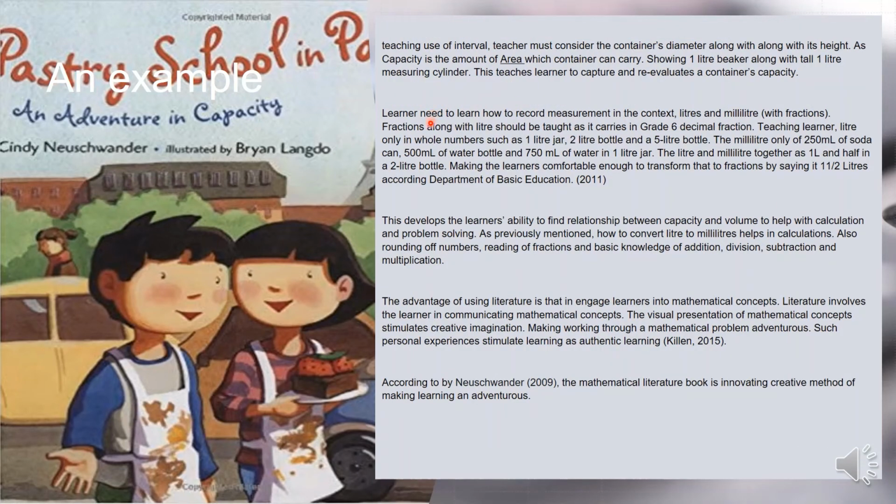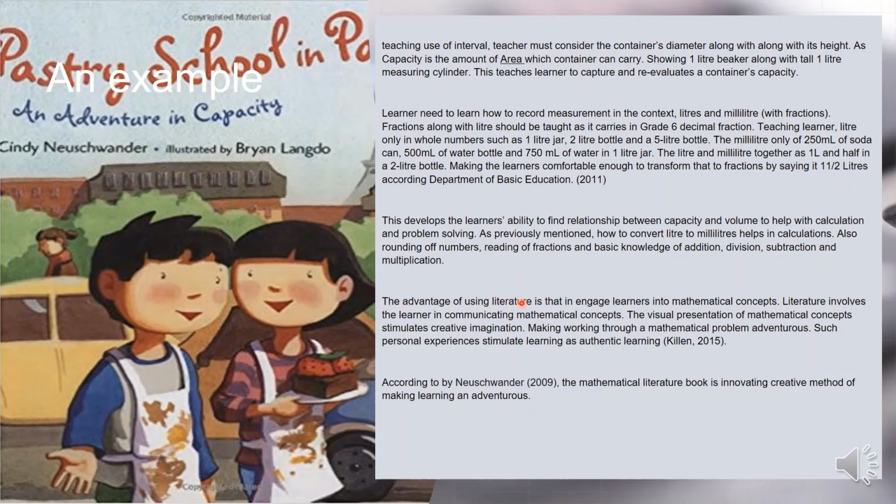The need to record measurements and content, and to develop the learner's ability to find the relationship between capacity and volume to help calculation and problem solving, is mentioned.